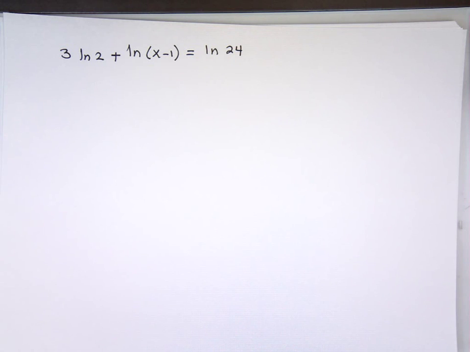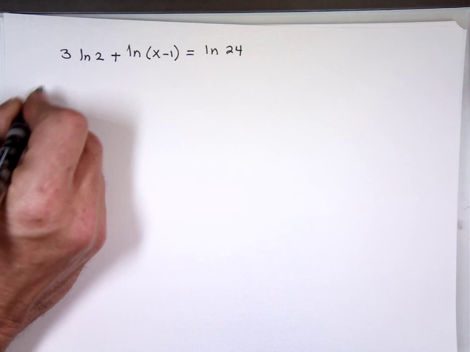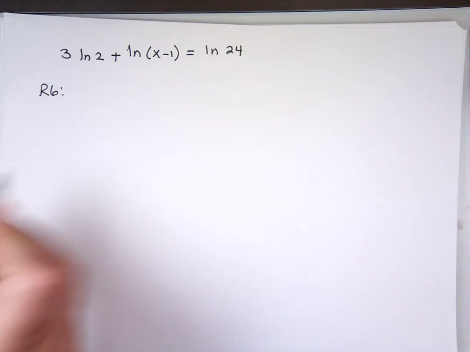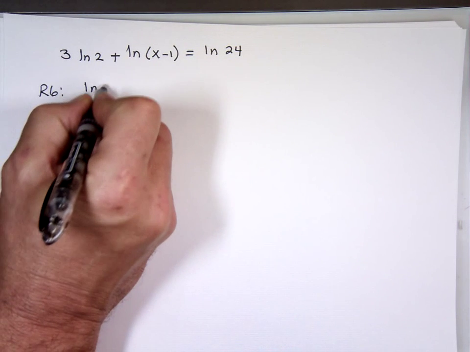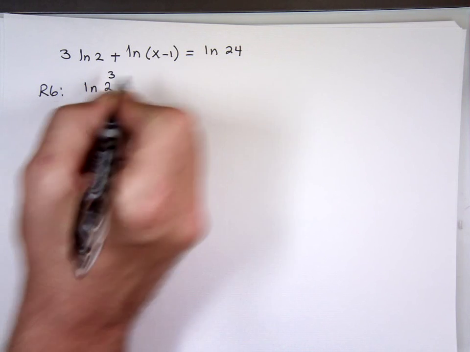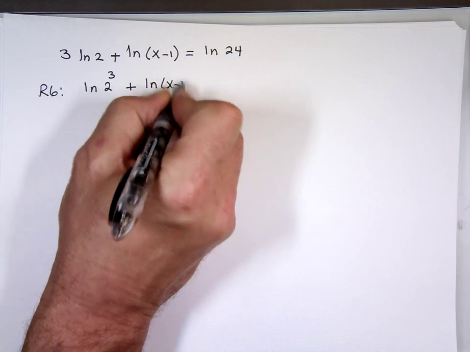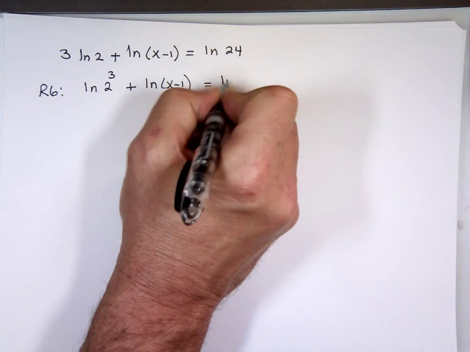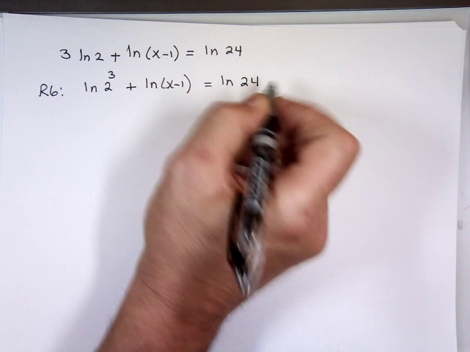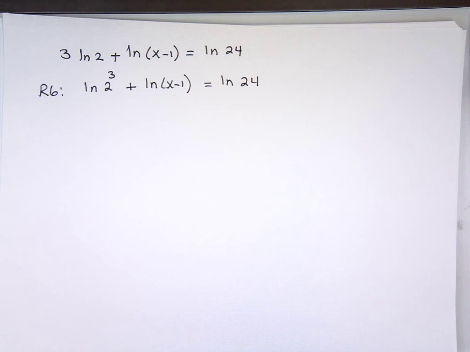First thing I see, there's a number in the front. The number is what? 3. That's rule 6. That used to be the natural log of 2 to the third plus the natural log of x minus 1, and what is 2 to the third? 8.